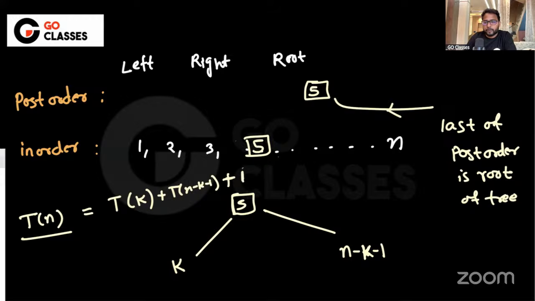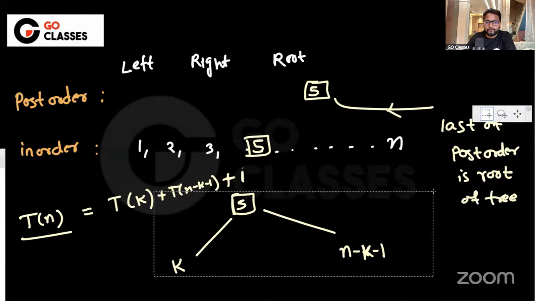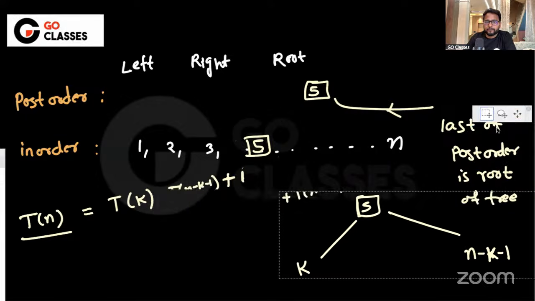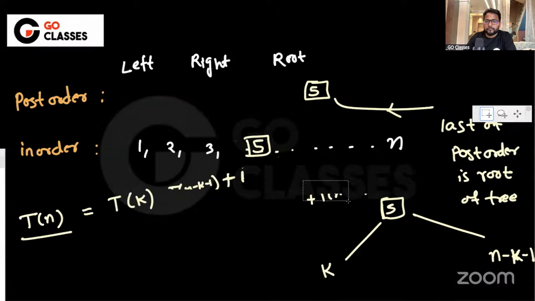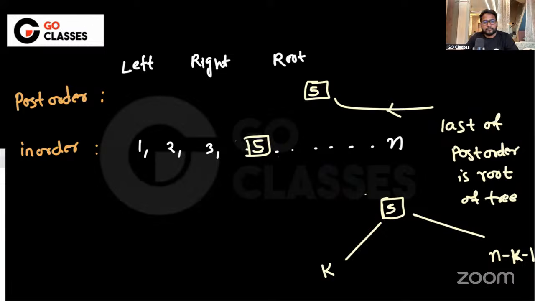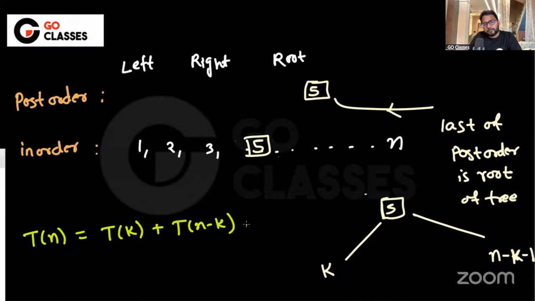So what I'm trying to say, basically, is something like this. T(n) is T(k) plus T(n minus k minus 1), plus 1.